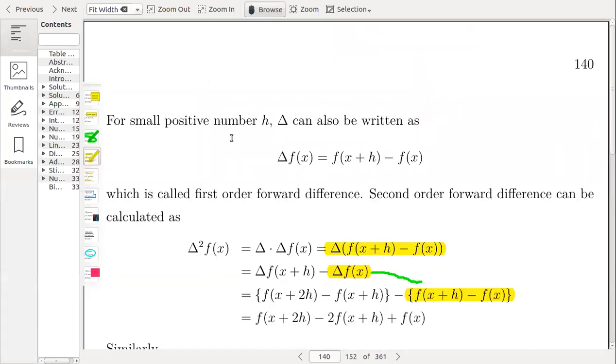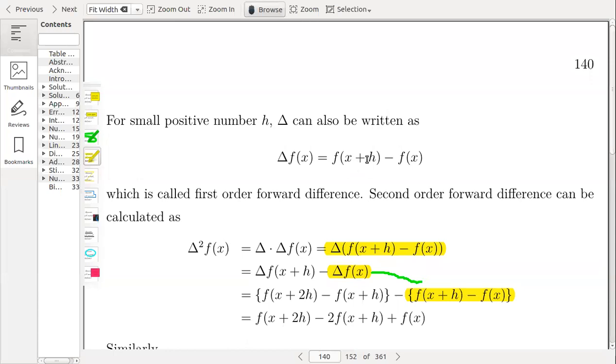For a small positive number h, delta can also be written as follows. Here we can introduce the small positive number h to simplify the Newton's interpolating polynomial. So delta f of x is equal to f of x plus h minus f of x.